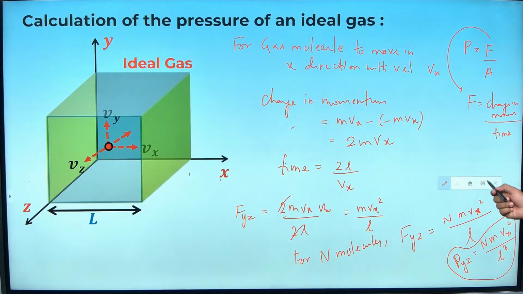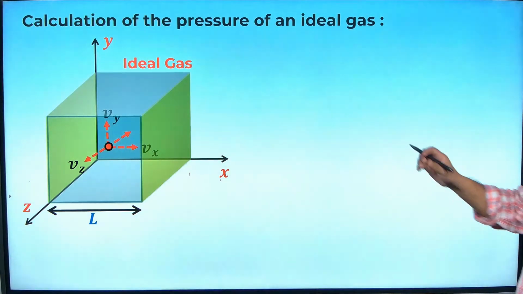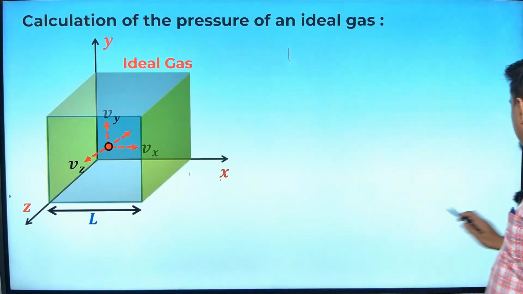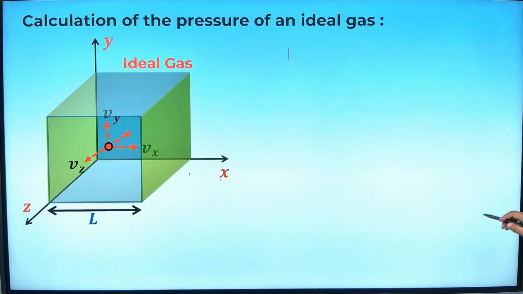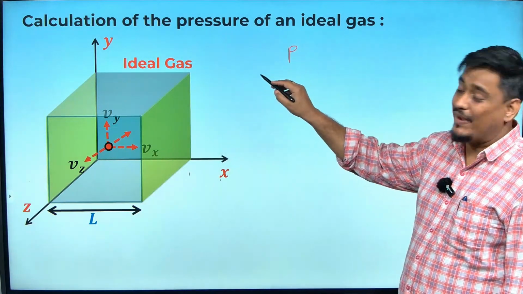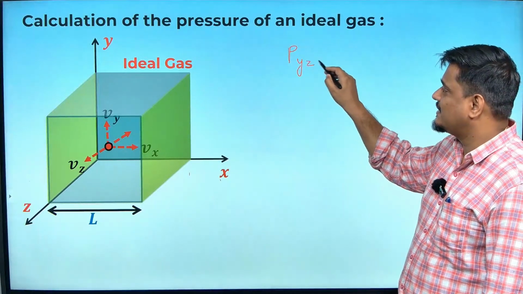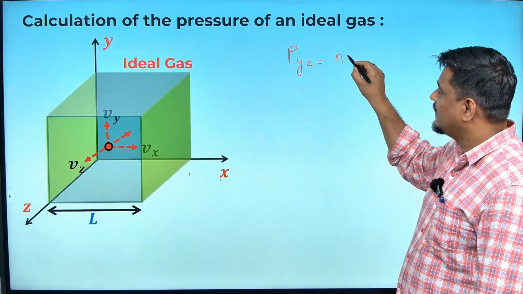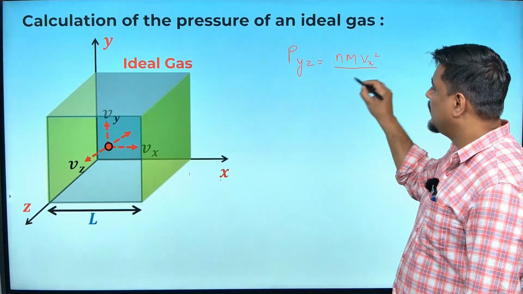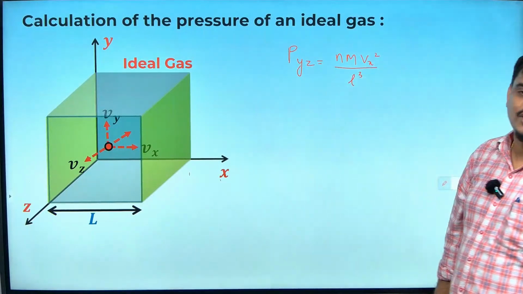No undo here. Let's remember the form nm Vx square by L cube. So, we have got P YZ as nm Vx square by L cube. This is only for the YZ direction.